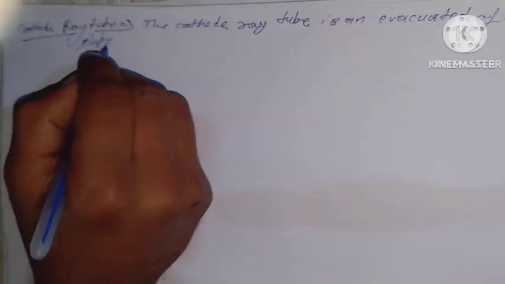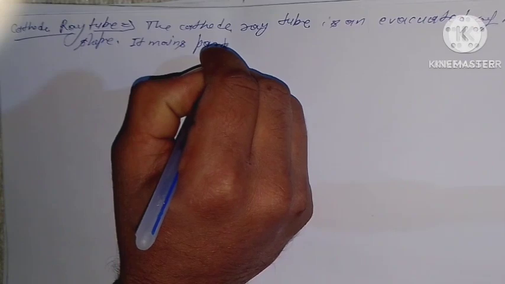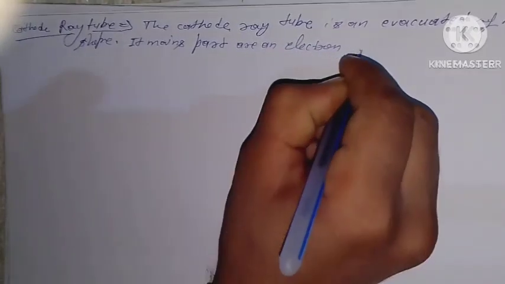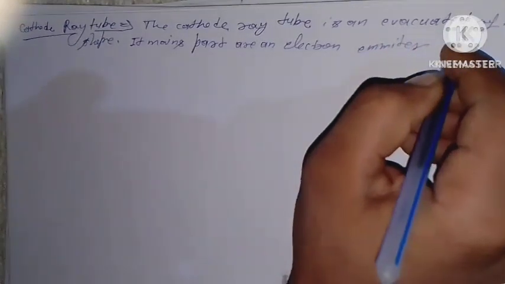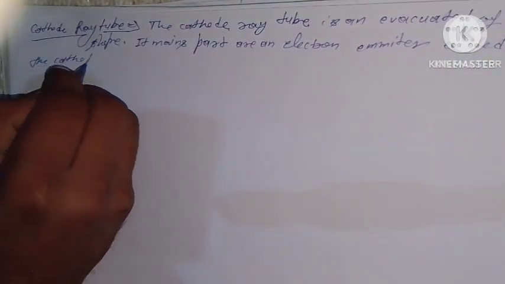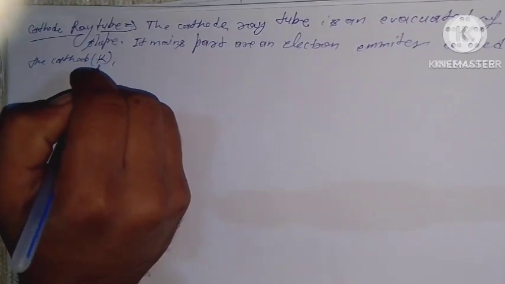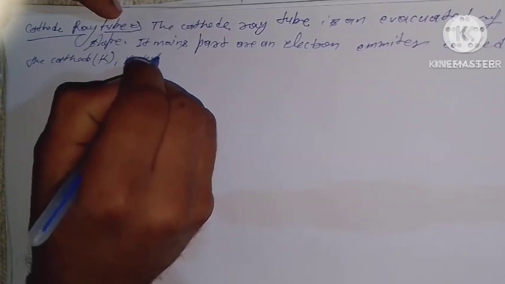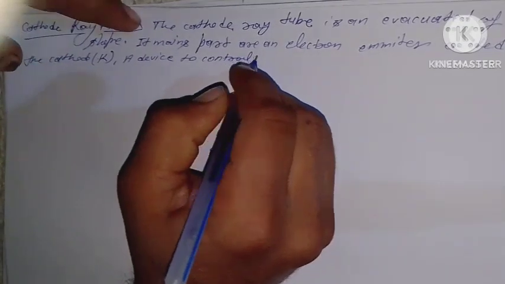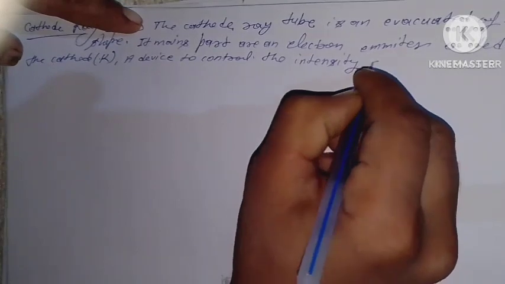Its main parts are an electron emitter called the cathode K, or device to control the intensity called the grid.